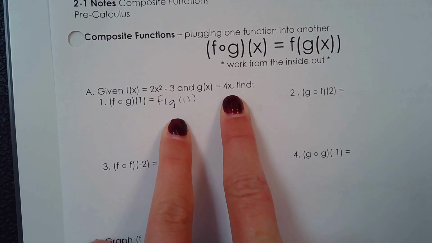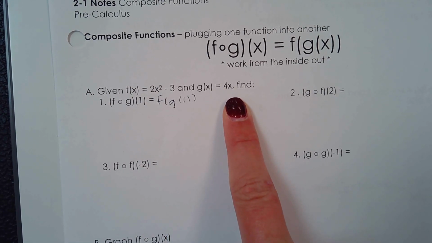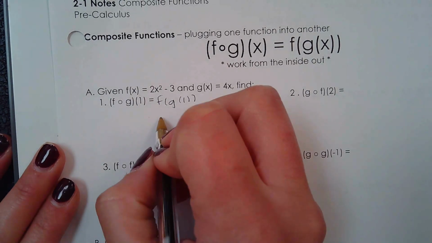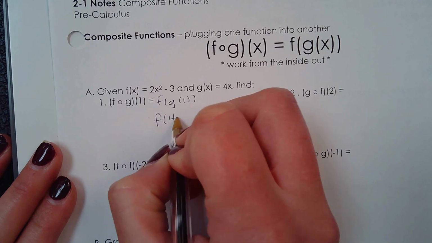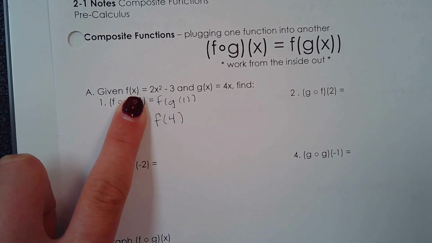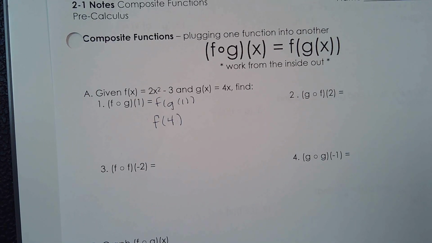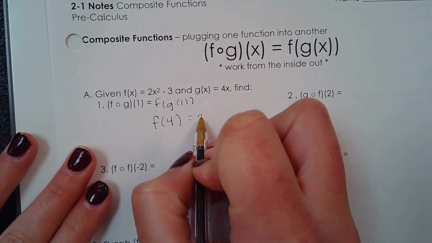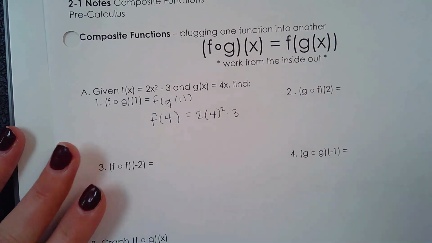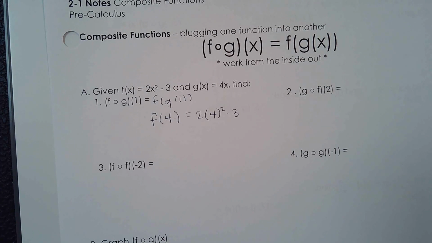So g is 4x. So if we plug in a 1, 4 times 1 gives you what? 4. So really, we want to know what f of 4 is. So then we'll look at our f function, and we'll plug in a 4. So we'll have 2 times 4 squared minus 3. Everybody still with me so far?